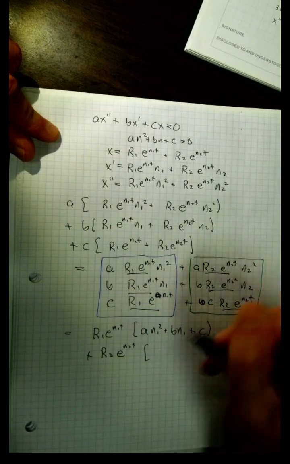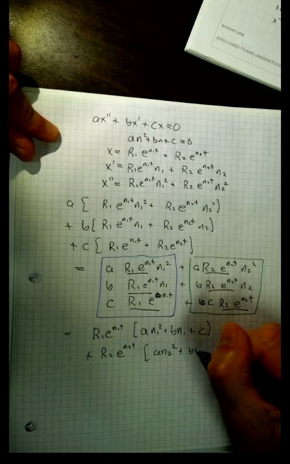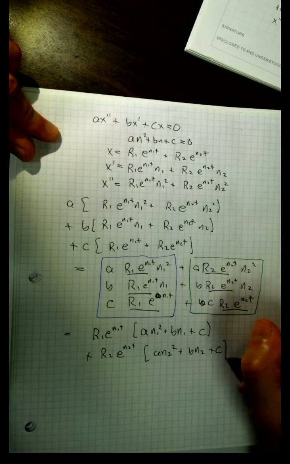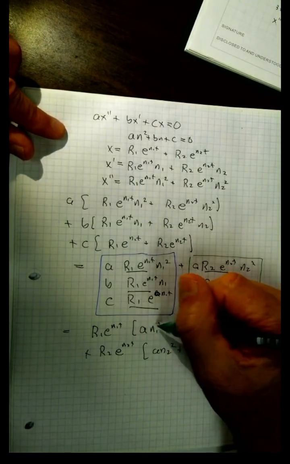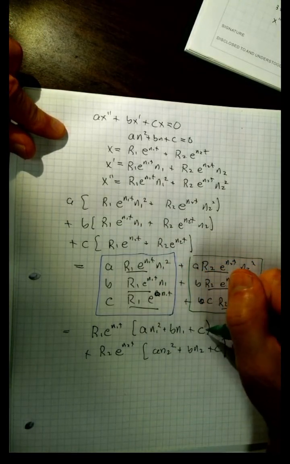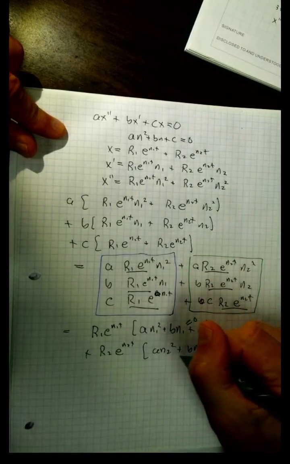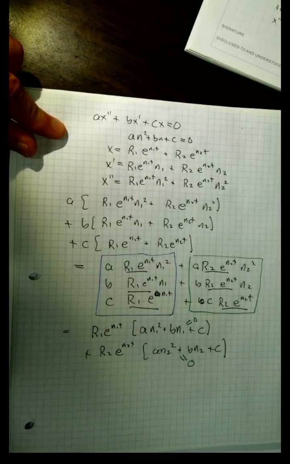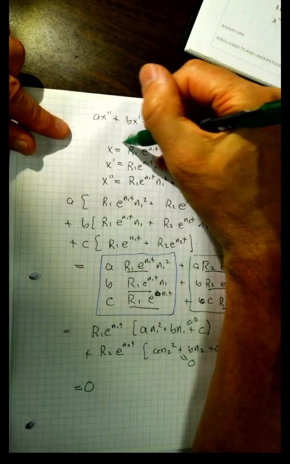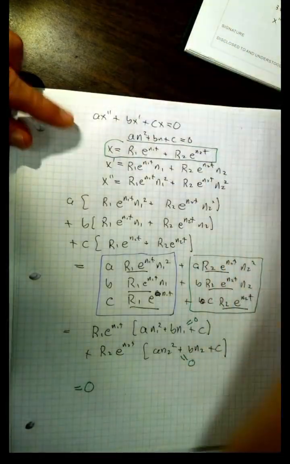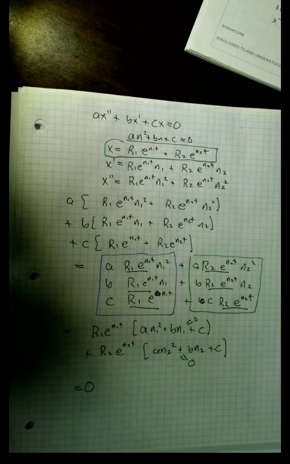I can factor that out, and I'm left with a n2 squared plus b n2 plus c. But I already know that a n1 squared plus b n1 plus c is 0, because that's how I defined n1. And n2 is also a solution to the quadratic equation. So the whole thing is 0, which means that when I take that equation and plug it into my differential equation, it equals 0, and it is a solution.